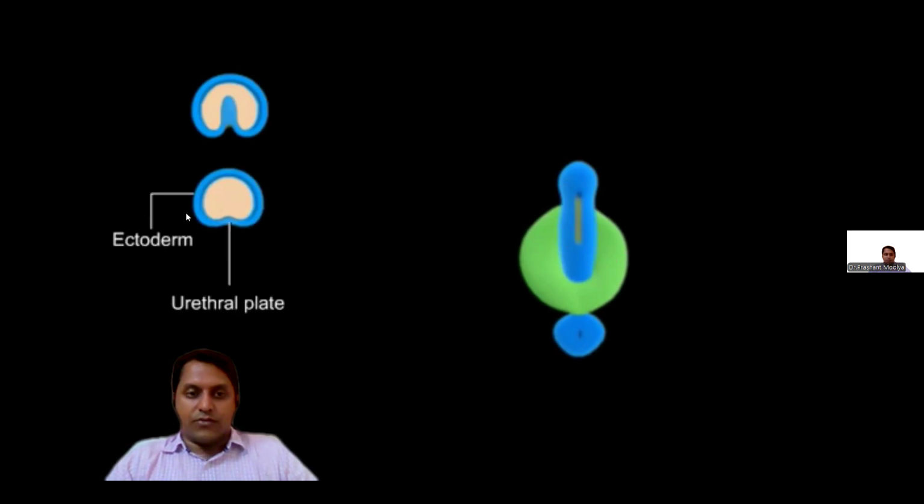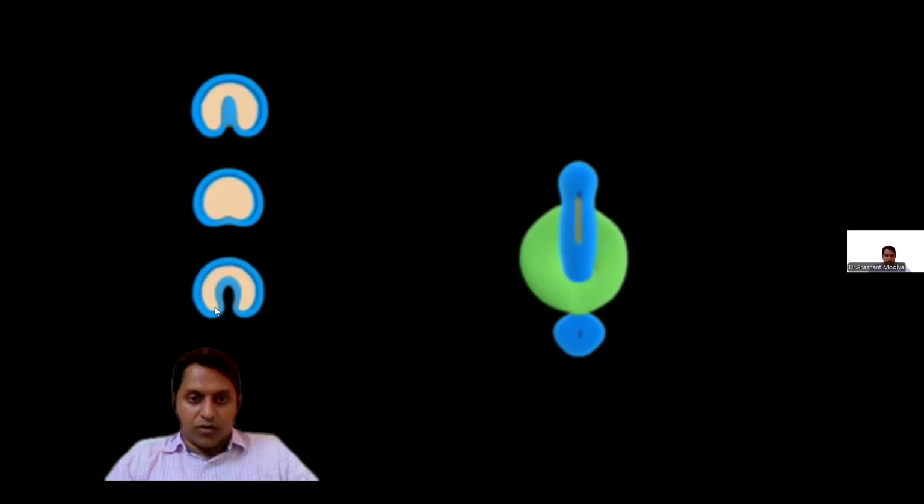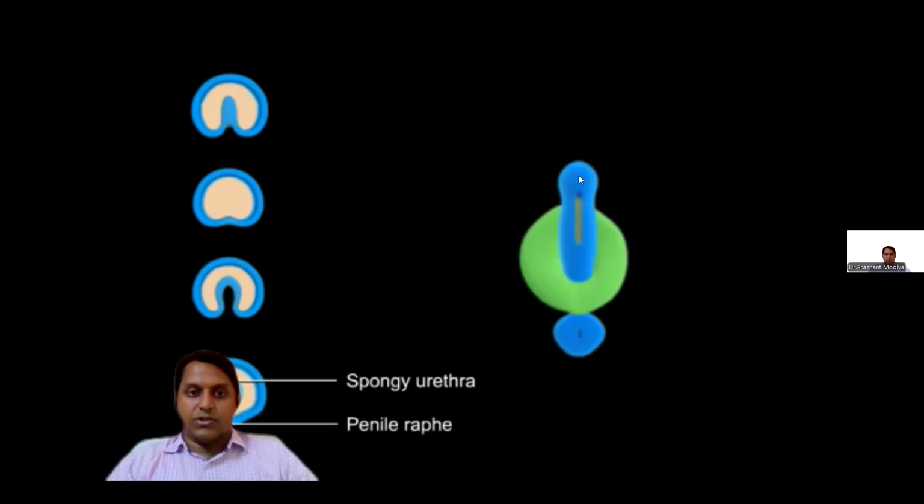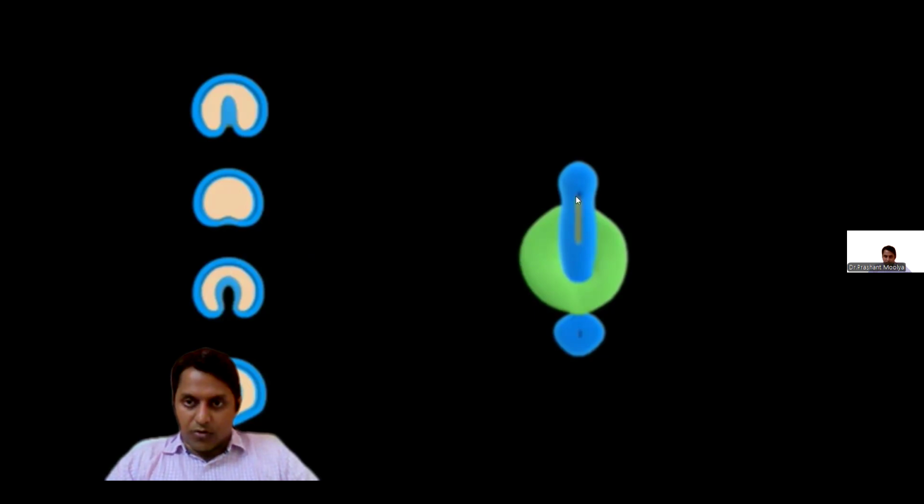In the region of the shaft, the urethral plate forms a urethral groove, and the urethral folds fuse to enclose the spongy urethra. Throughout the shaft, the urethral plate, groove, folds, and spongy urethra form.